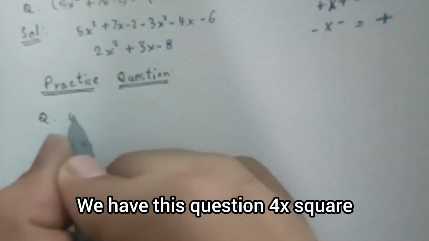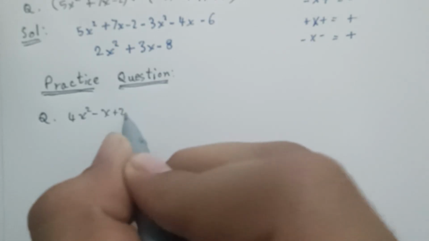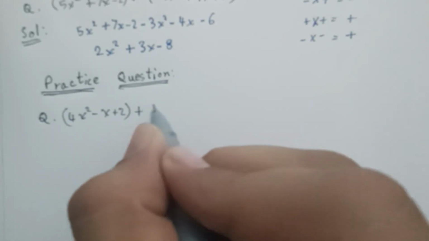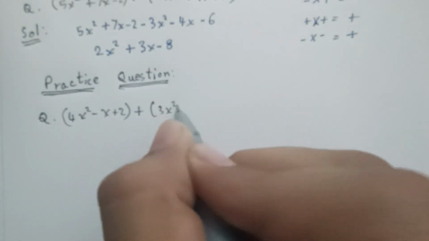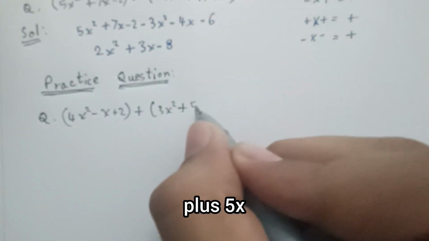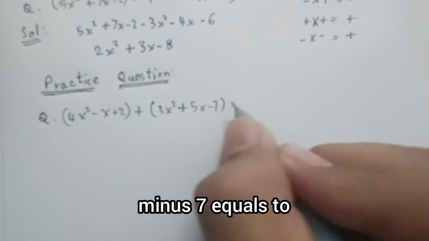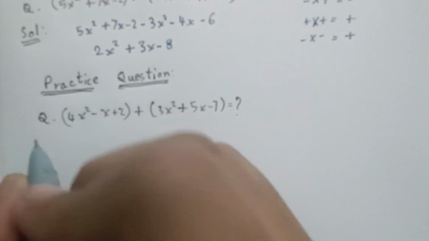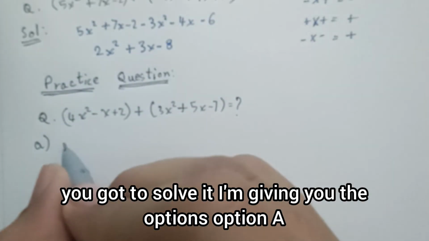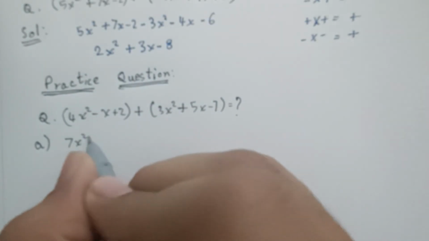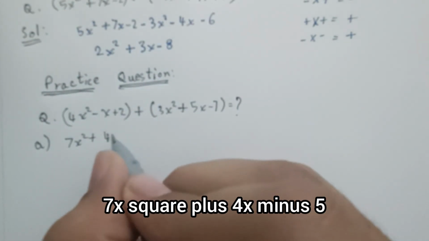We have this question: 4x square minus x plus 2 plus 3x square plus 5x minus 7 equals to, you gotta solve it. I'm giving you the options. Option A, 7x square plus 4x minus 5.